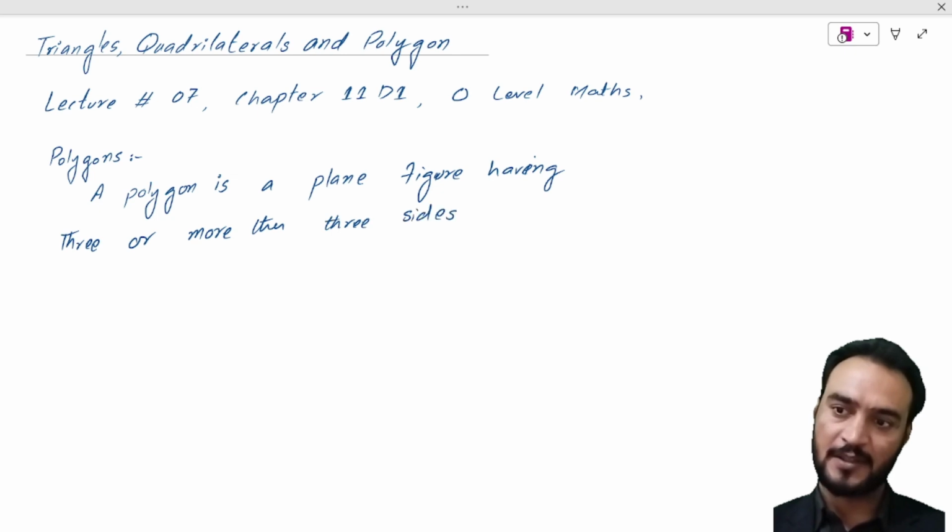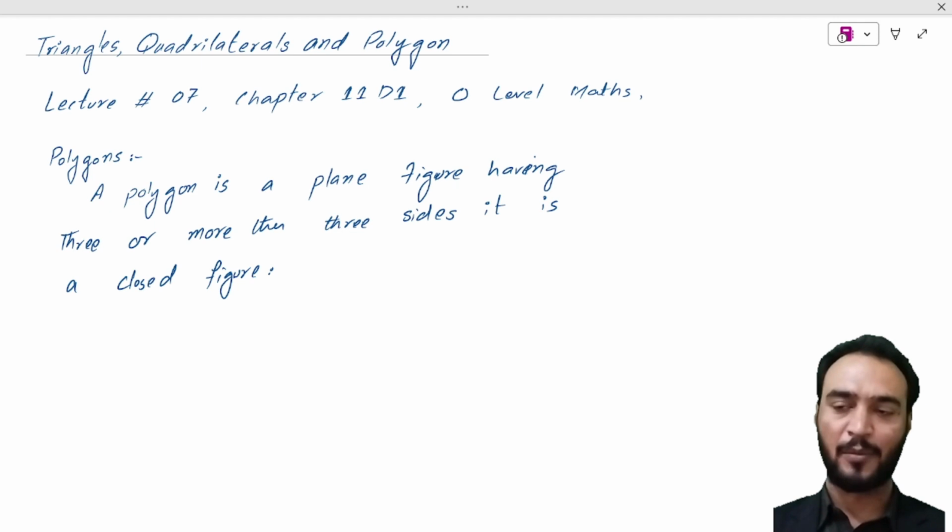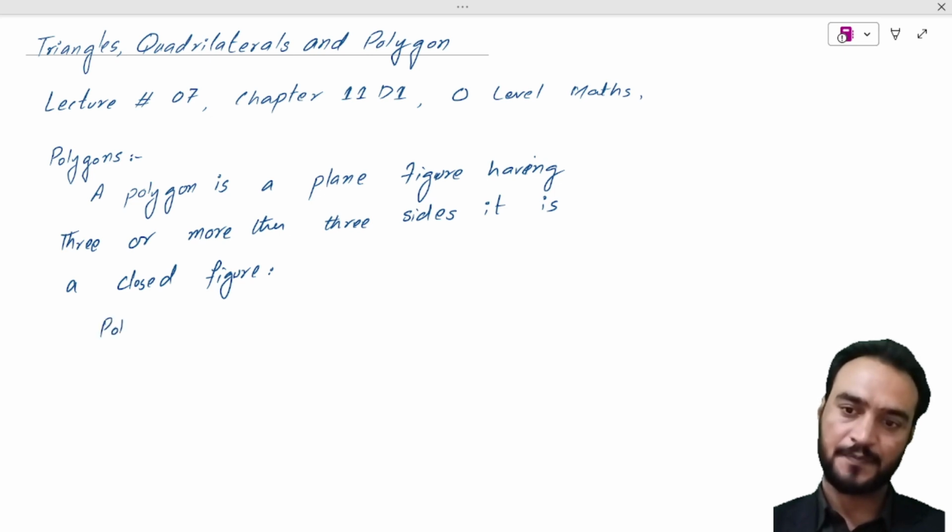It is a closed figure. Polygon is a closed plane figure having three or more than three sides, and it is named after the number of sides it has.